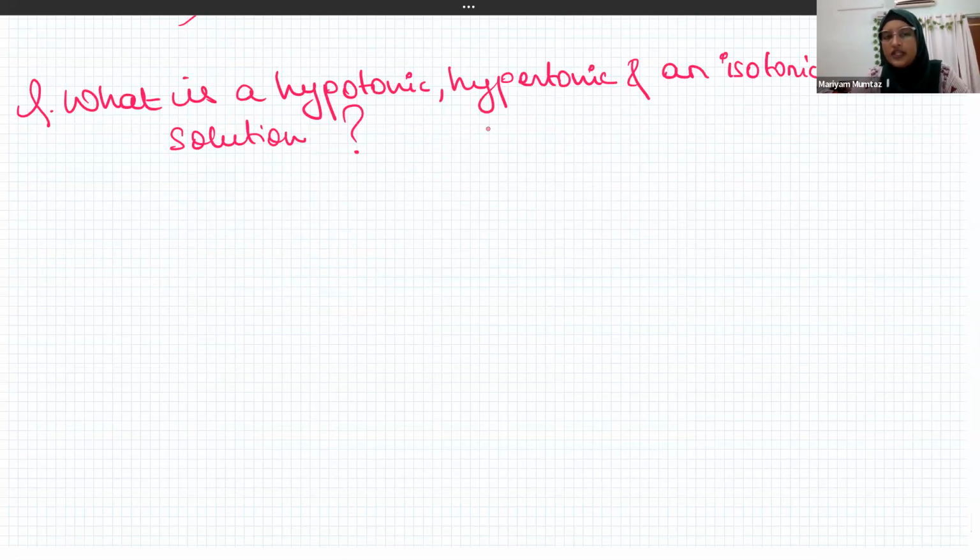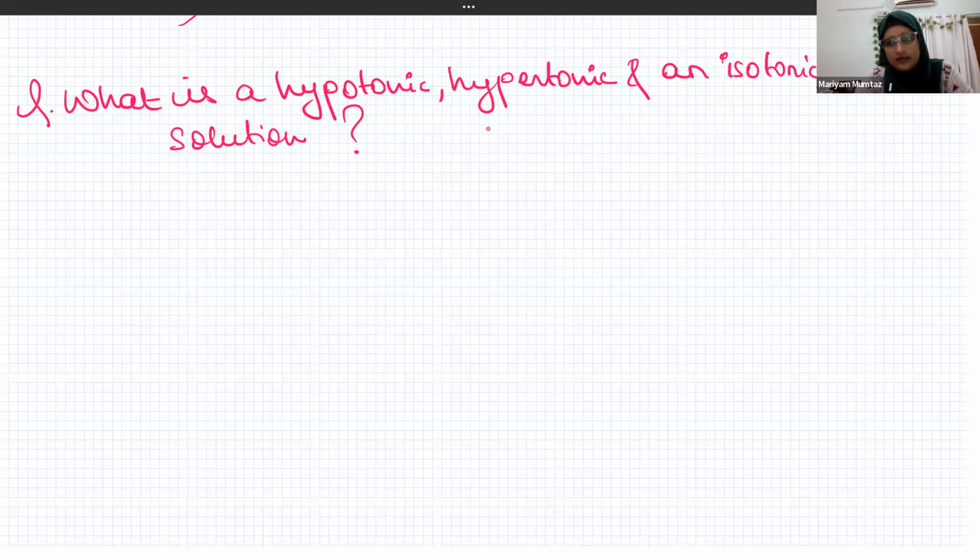Okay, Prashita, explain hypertonic to me. Yes, ma'am. So in the hypertonic solution, the quantity of the solute is more than the solvent in the outer environment, which makes the solution a higher concentrated solution.